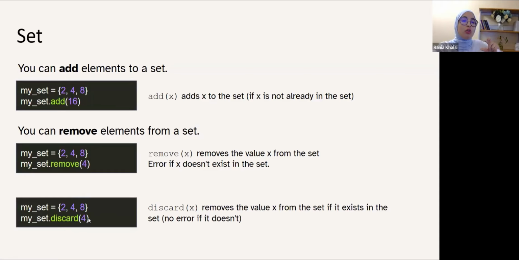So it's more general because if it doesn't exist, this method will not return any errors. And again, I'm giving you access with this link to more details and documentation.